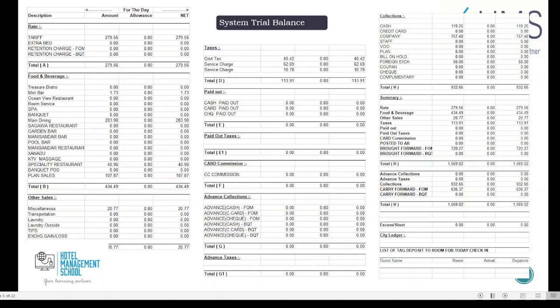In Opera, the adjustment we are doing for food and beverage, we are adjusting to the dinner. Why can we not adjust meal period wise? Yeah, you can. You can do that adjustment meal period wise. But in the PMS, you may not be able to know which meal period it is.